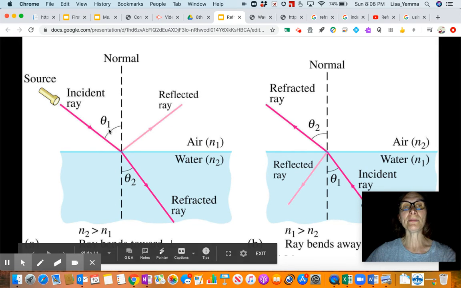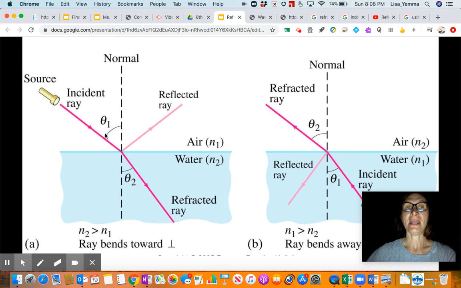So the normal angle here is the angle of incidence. The angle of refraction is littler, smaller.